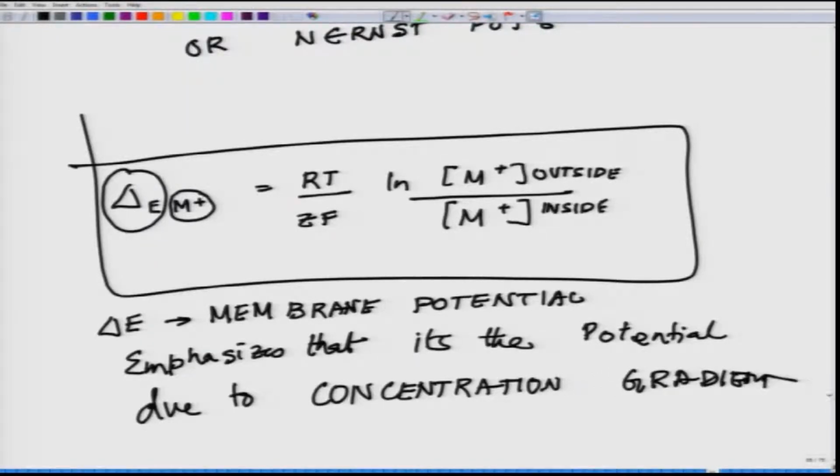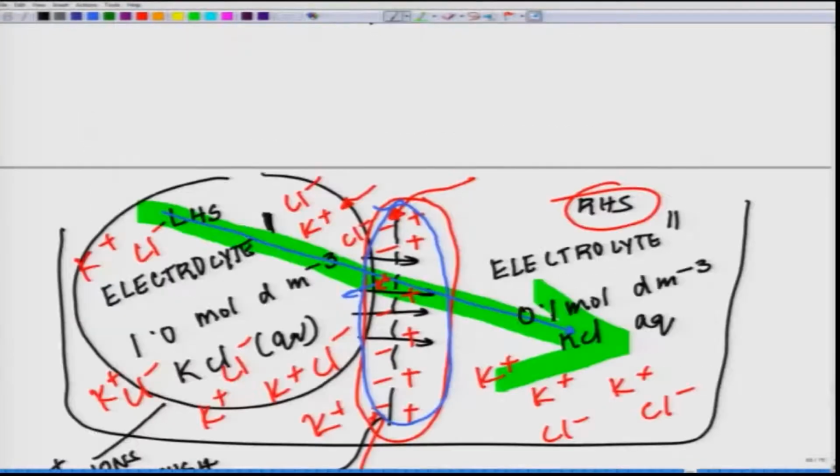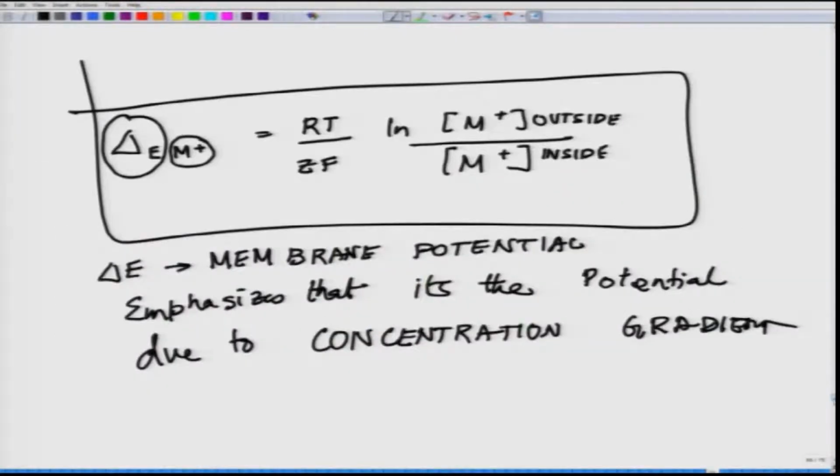As I showed earlier in the picture, this gradient is what is being emphasized here by the value delta E, and you could see that we are not putting E 0 because E 0 becomes 0 in a concentration cell.